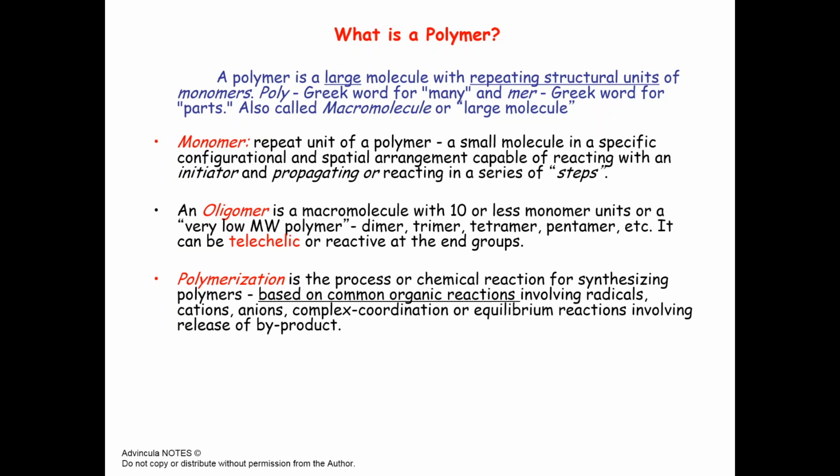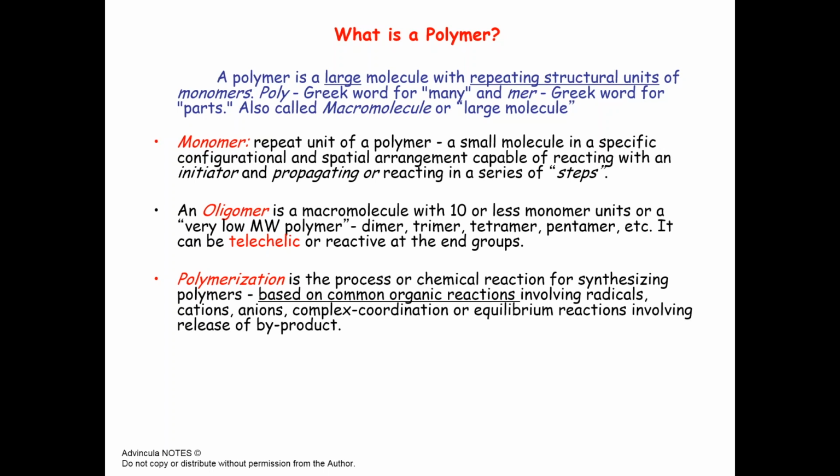Polymerization, therefore, is the term that is used to synthesize these large molecules out of monomer units or simpler molecules. In fact, most common organic reactions can be utilized to make large polymers, or complex coordination or complexation reactions.